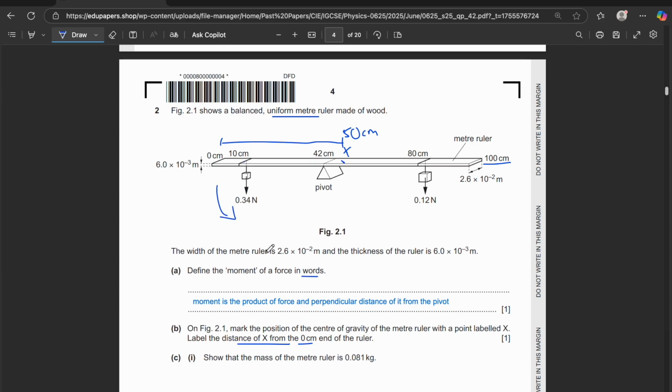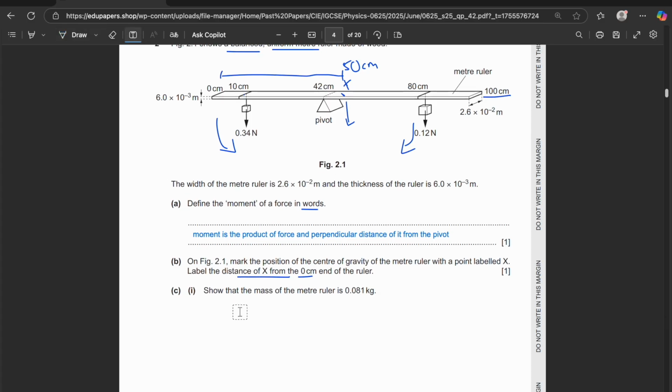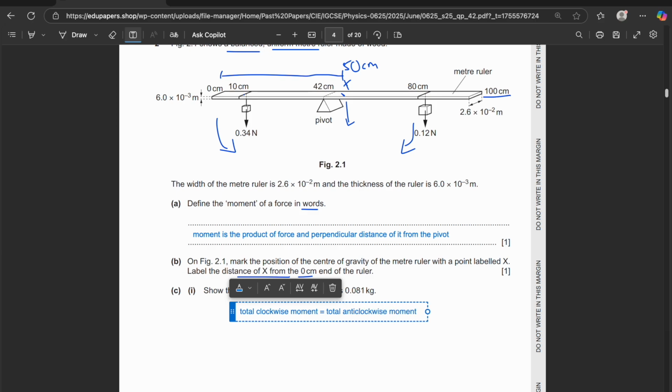This force will cause anti-clockwise moment, and this force will cause clockwise moment, and this center of gravity weight will also cause a clockwise moment. So we can use this idea and balance to find the mass. So we know that total clockwise moment is equal to total anti-clockwise moment.